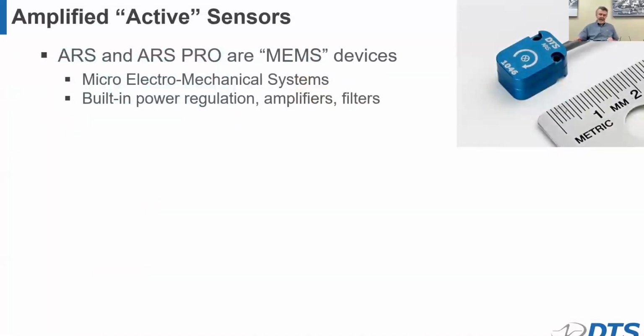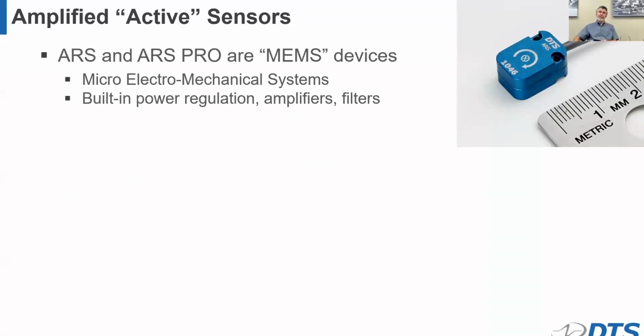So let's talk about amplified sensors like the angular rate sensor. Although it's a tiny device, smaller than my fingertip, it actually has a sensing element that uses what's called microelectromechanical system technology. It also has a built-in power supply, amplifier, and filter.